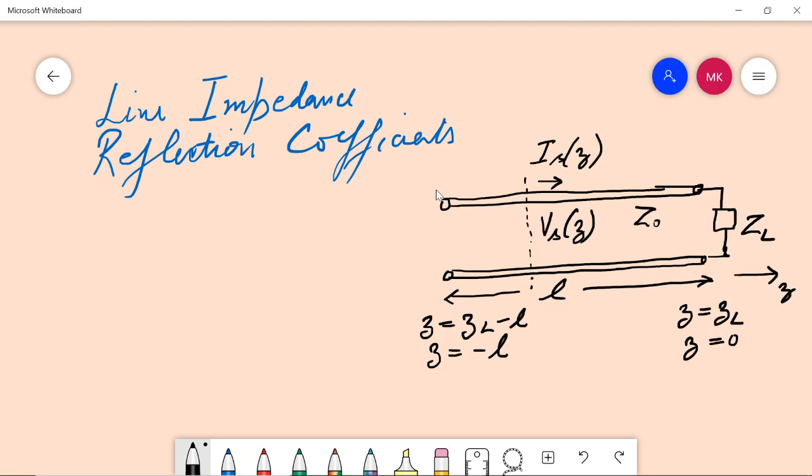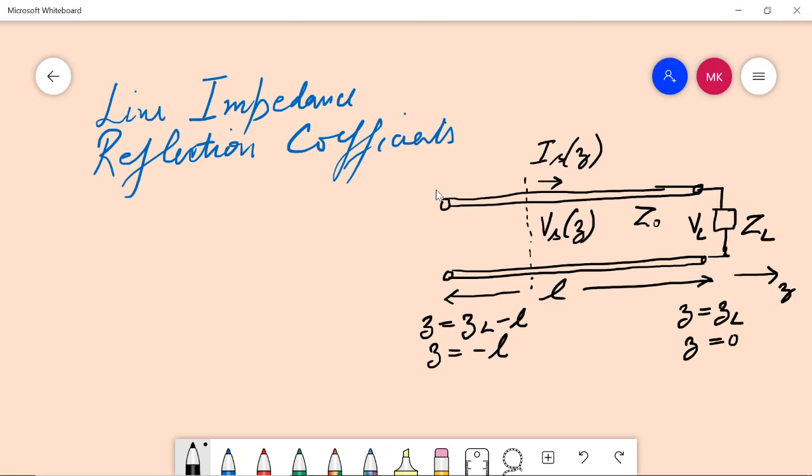And let the voltage at Z equals 0, across this ZL, be VL. So we are assuming that whatever voltage is here, this same voltage will be across ZL. So we are ignoring this transmission line. So this is also a connecting point. We assume that the load is directly connected at these two points. I have shown this with a single line just to show that it is different from this point.